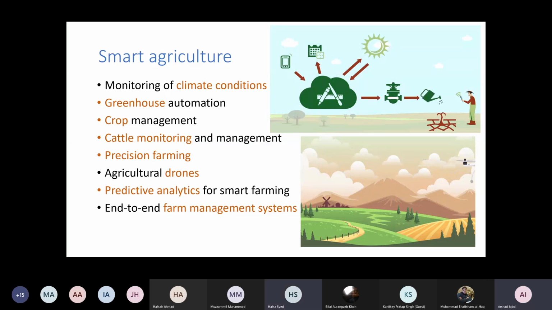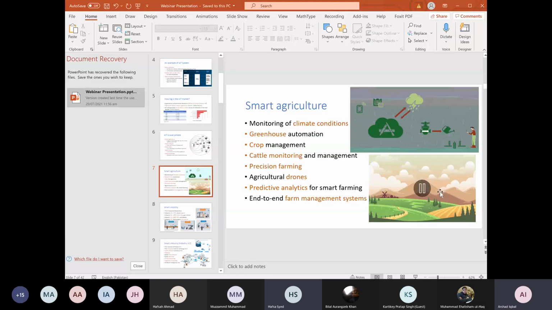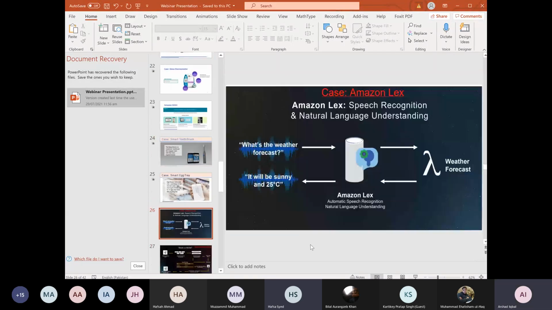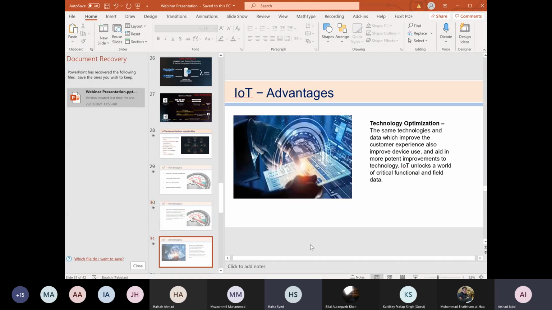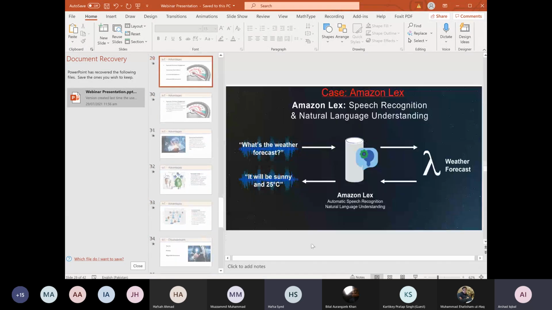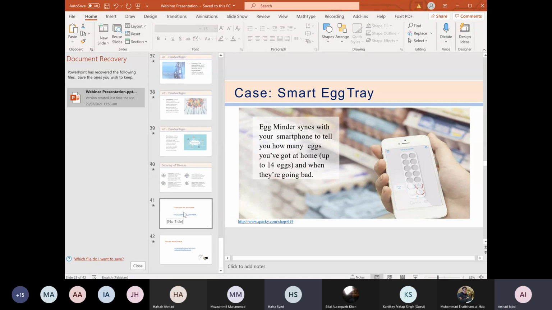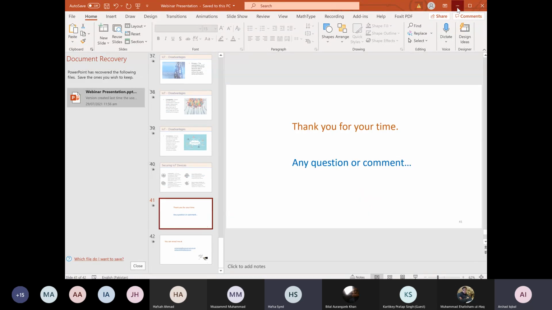Okay. I have another question. My other question is related to the same smart agriculture thing. I don't know if such a solution is developed, but can we use AI and IoT to develop something for the artificial protection of crops, like in case of any insect attack on the crop?